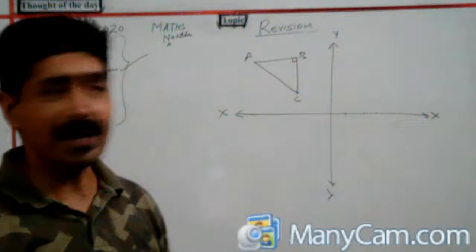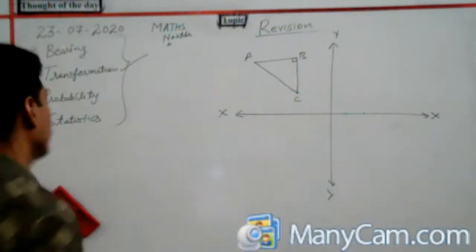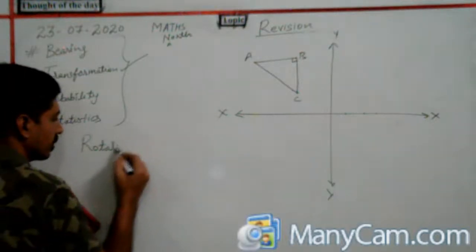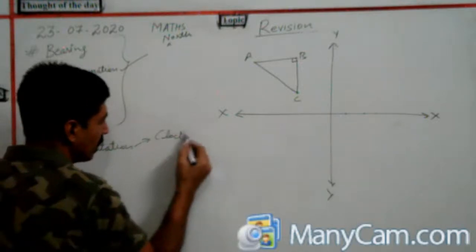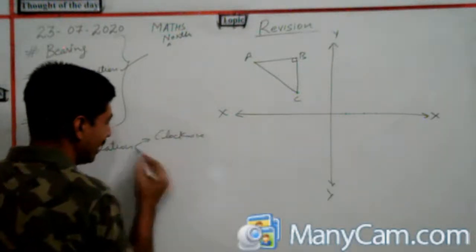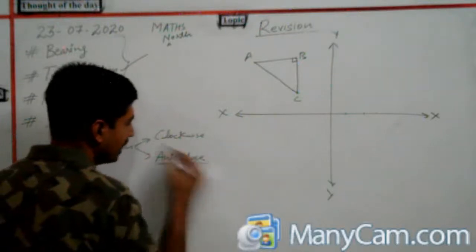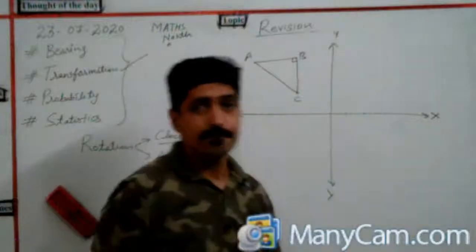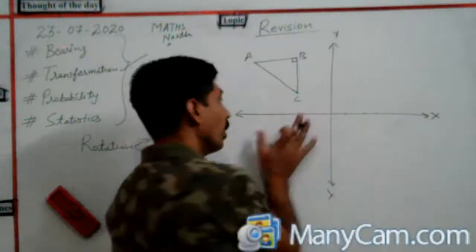If I am rotating the angle, rotation can be in clockwise direction or anti-clockwise, right? Now if I want to rotate it anti-clockwise 90 degree, how?